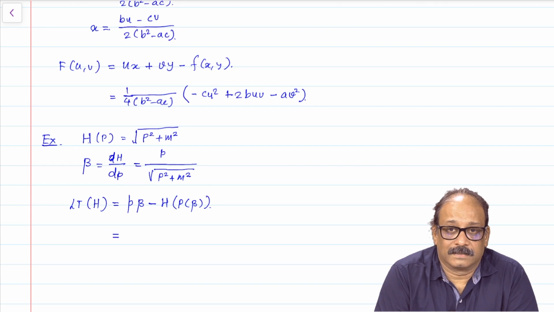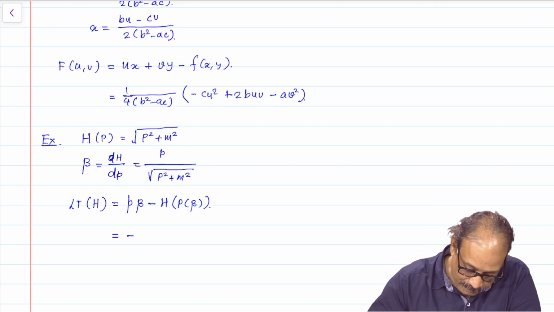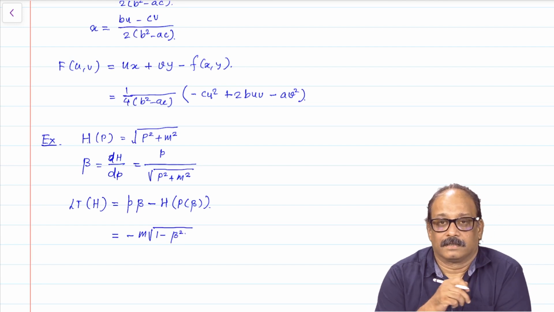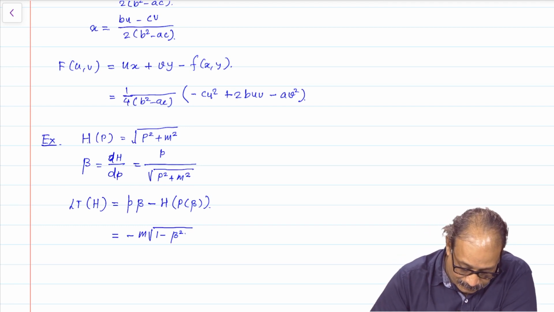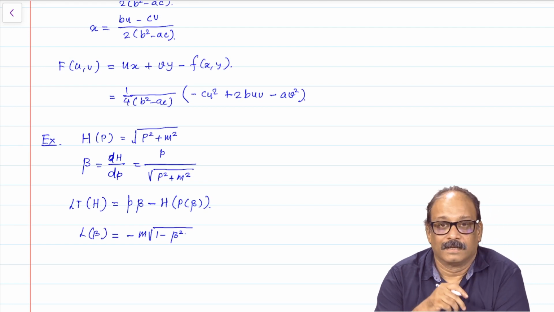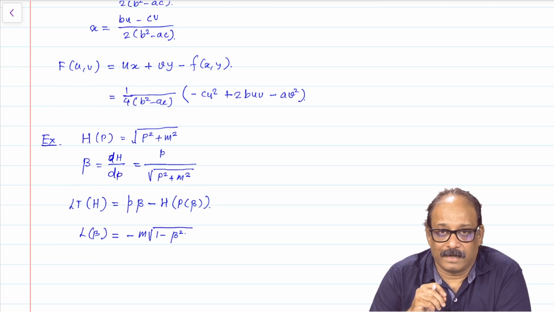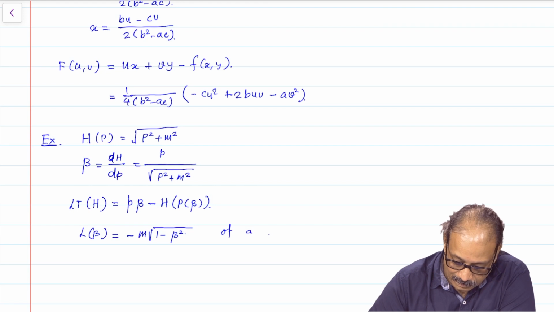Once you simplify this, you get minus m times square root of 1 minus beta square. Do you recognize what this is? This is, in fact, I will denote it as L as a function of beta. This is in fact the Lagrangian of a relativistic particle.